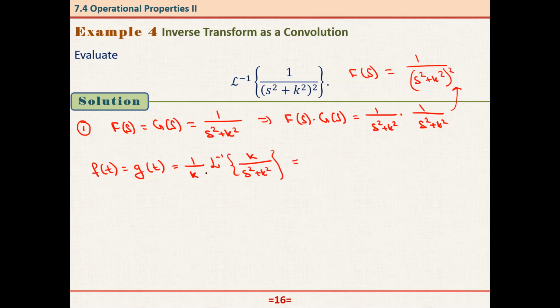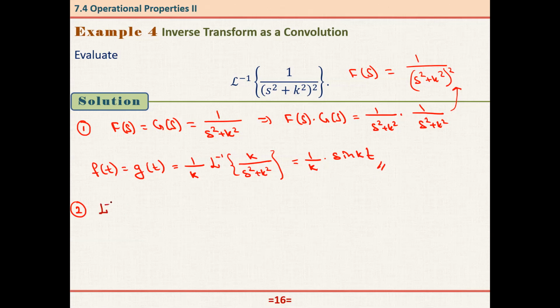I just multiply by k and divide by k to have this in a suitable form. So the inverse Laplace transform of this function is equal to sine of kt, right?